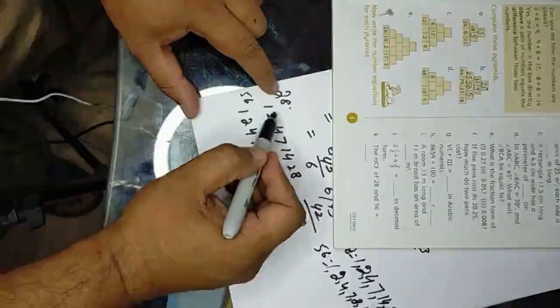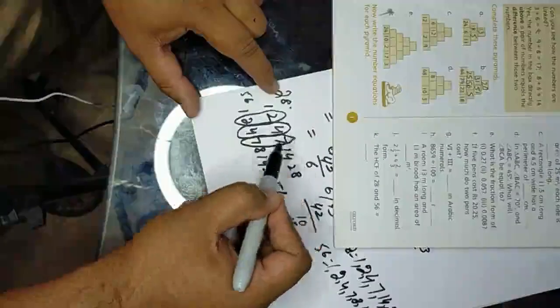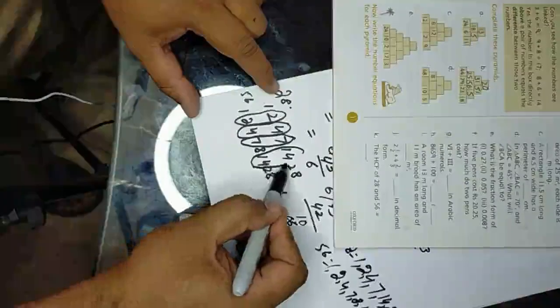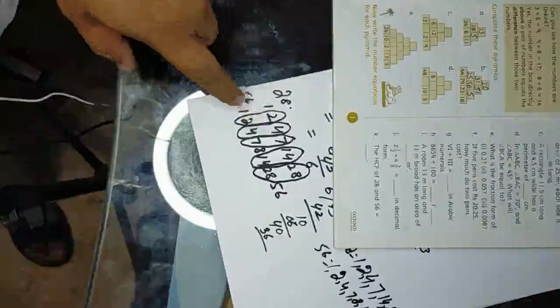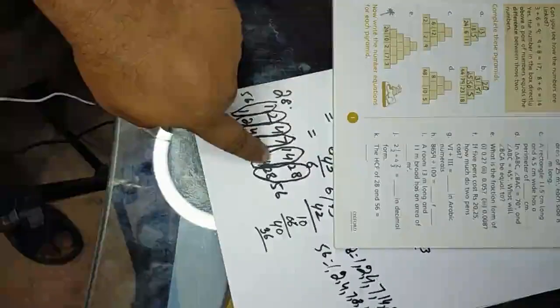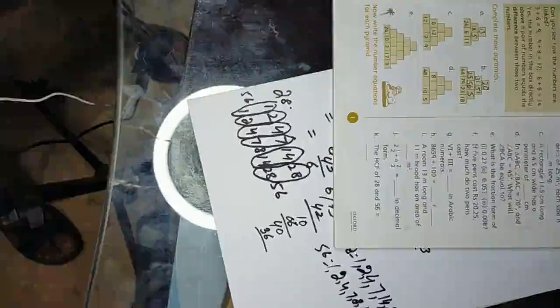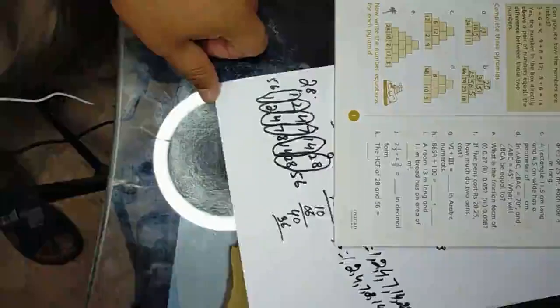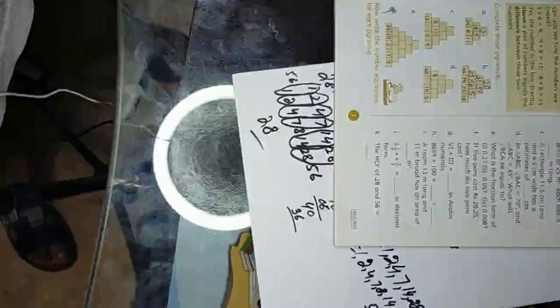So what are the common ones here? 1, 2, 4, 7, 14 and 28 are common here. But which one is the highest among all? Right, the 28 one. So the HCF of 28 and 56 is 28. Alright guys, is that clear?